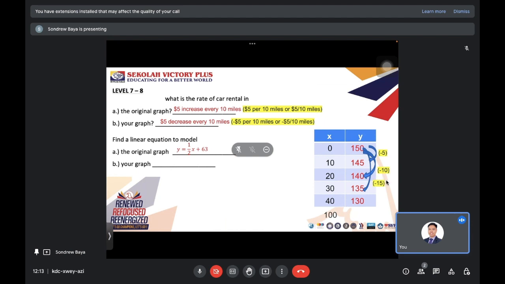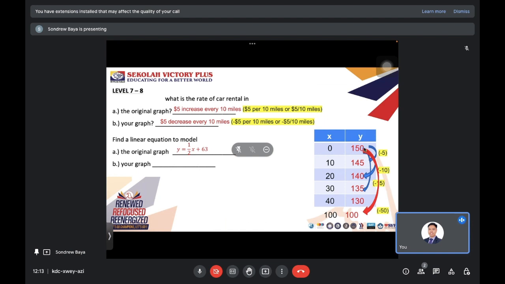The same reasoning applies for covering 30 miles. So if you cover 100 miles, to get the total cost, you get half of 100, which is 50, and subtract it from 150, just like what you have noticed above. In other words, covering 100 miles, you are to pay 100. So again, the pattern here is getting half of x and subtracting that value from 150.